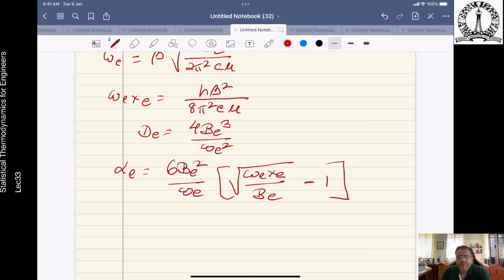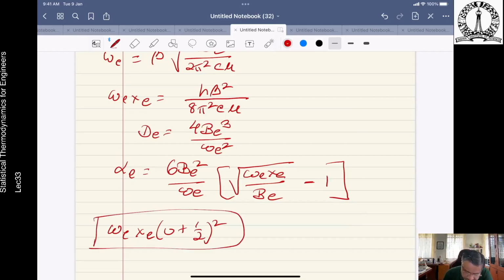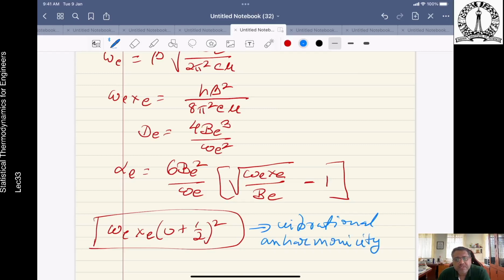If you look at the correction term, the second correction term represents vibrational anharmonicity. So x_e is therefore called the anharmonicity constant.